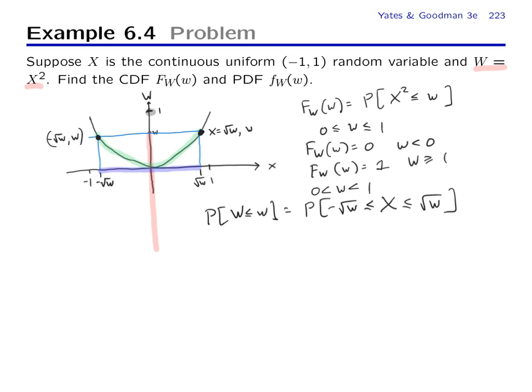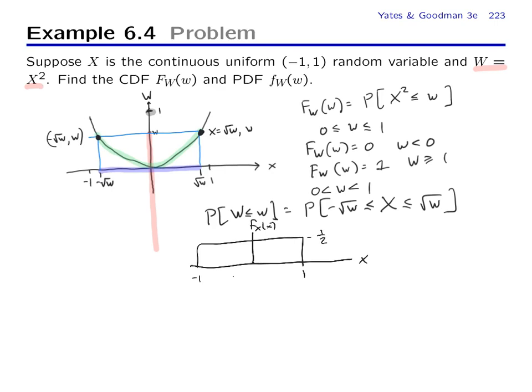The next step is to do a calculation of what this probability is that's specific to the PDF of x. So here we have a PDF of x, f_X(x), from minus 1 to 1, and the height is a half.